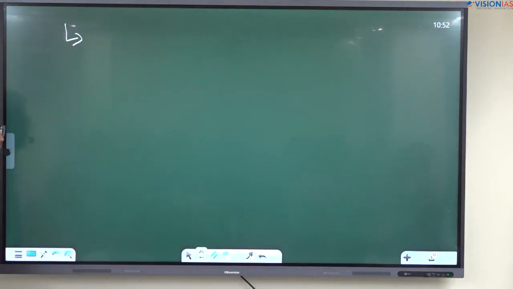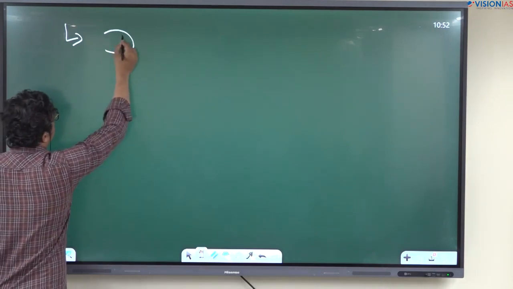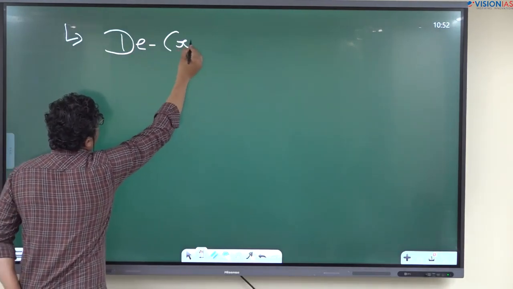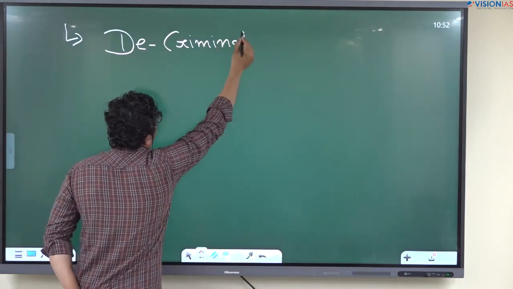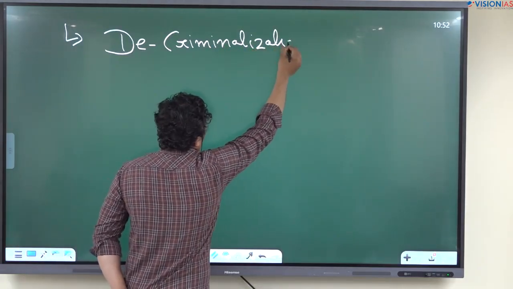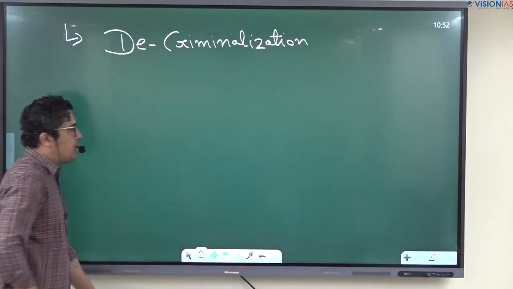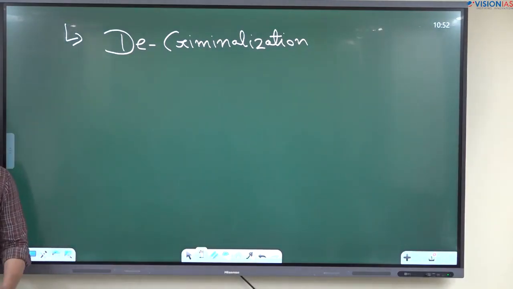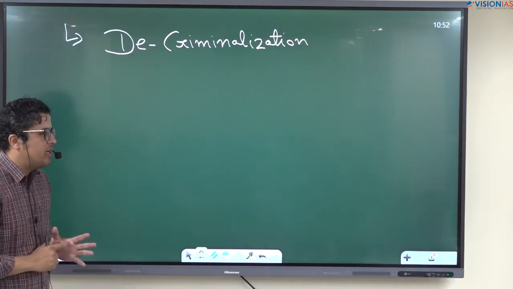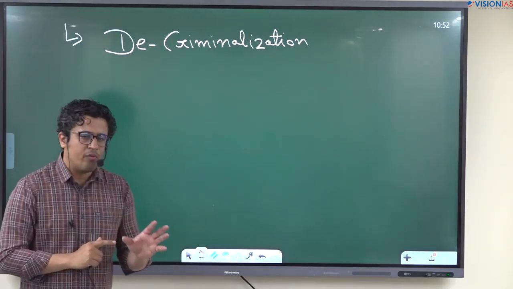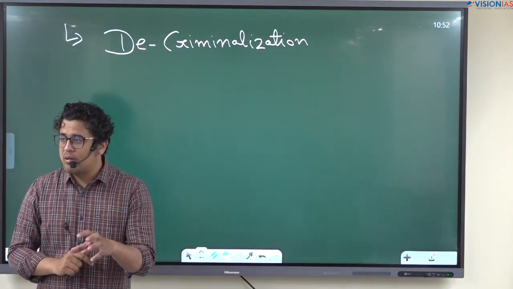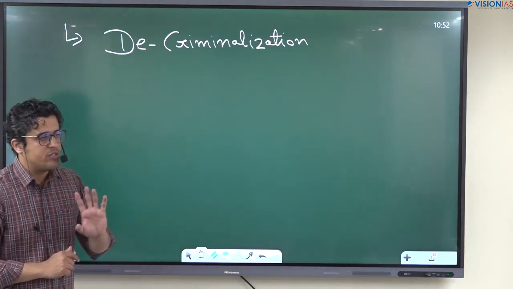Third Amendment is decriminalization of the act, which has again created some debate. See, earlier what used to happen, if you were utilizing resources without informing, without taking permissions, this is an offense. So if caught, you might go to jail.